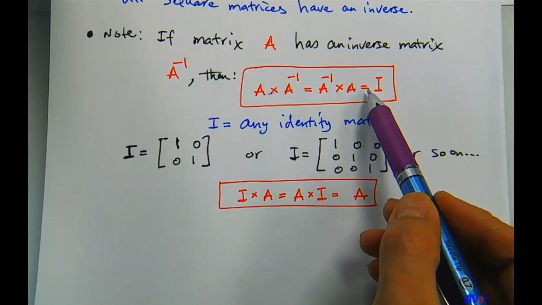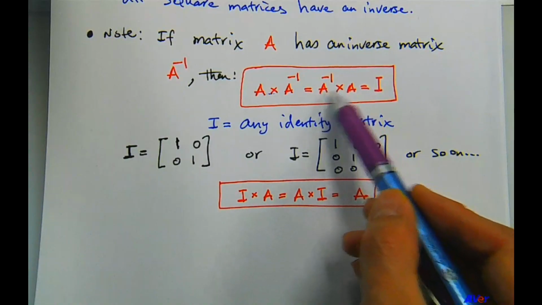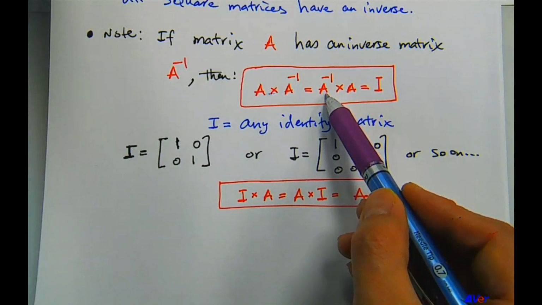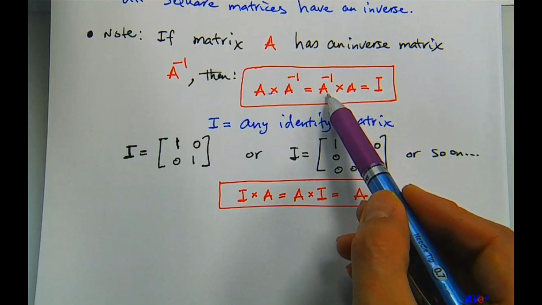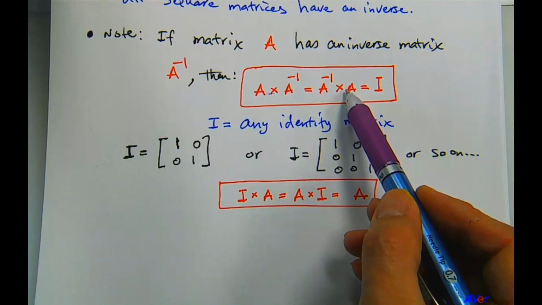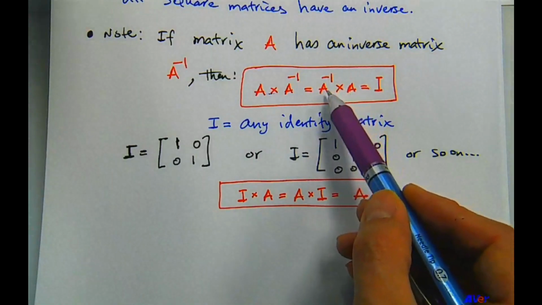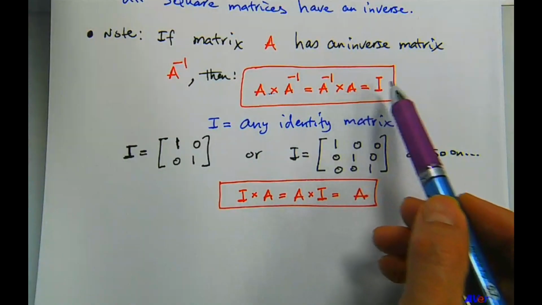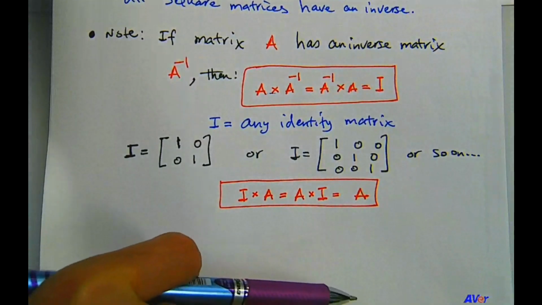If you do, then the claim was correct, and the original matrices were inverses of each other. But if you don't get the identity matrix, then the original claim is disproved, and these two original matrices were not inverses of each other. So let's see how that works with an example.